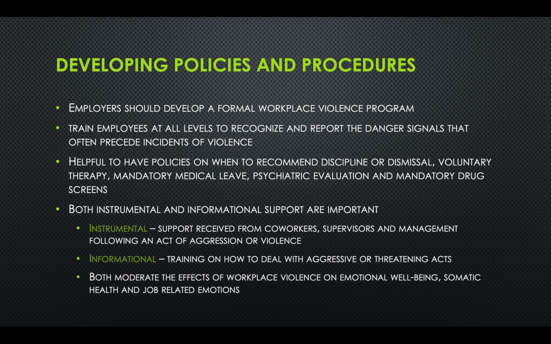And it's also important to provide both instrumental and informational support. Informational support is just the training on how to deal with a particular situation, whereas instrumental support is what we think of when we think of support. It's that support that we receive from our coworkers and supervisors after an act of aggression or violence. Both of these types of support mediate the effects of workplace violence.